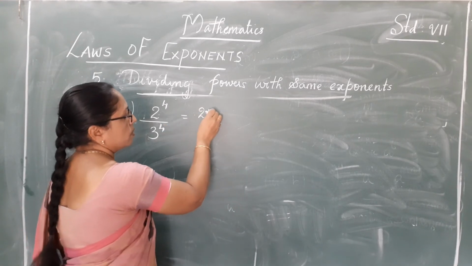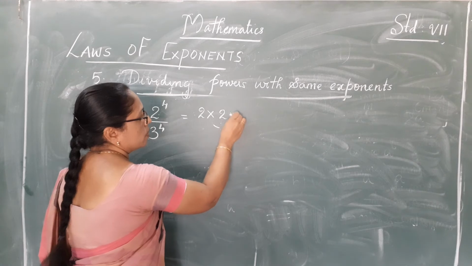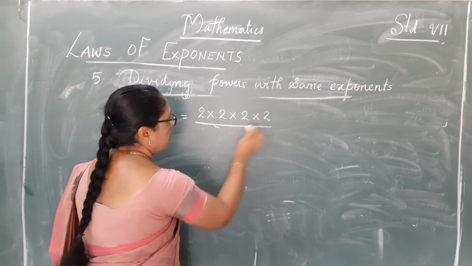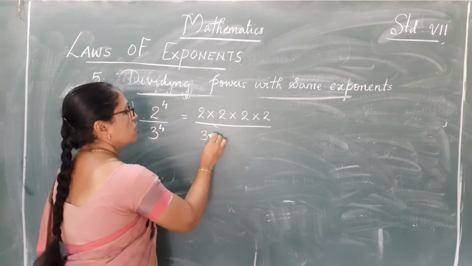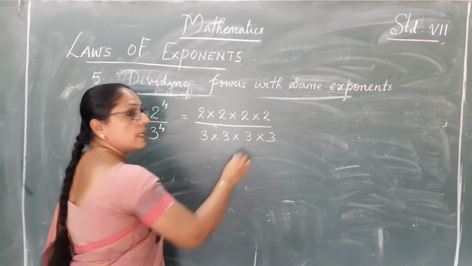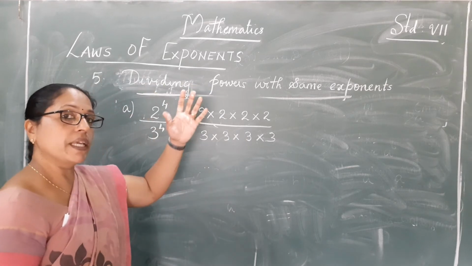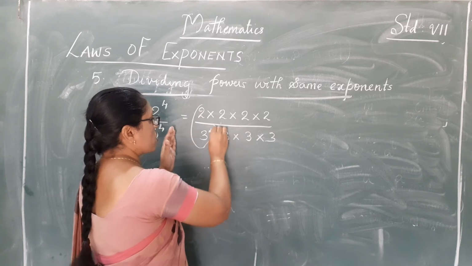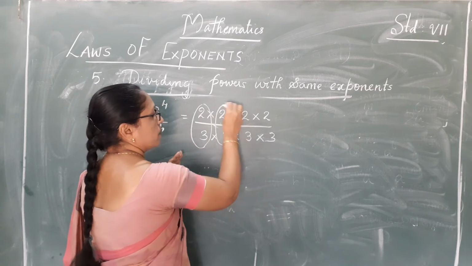2 into 2 into 2 into 2 by 3 into 3 into 3 into 3. As we did in multiplication, we made it groups. So here also we are going to make the groups of 2 by 3. Okay.